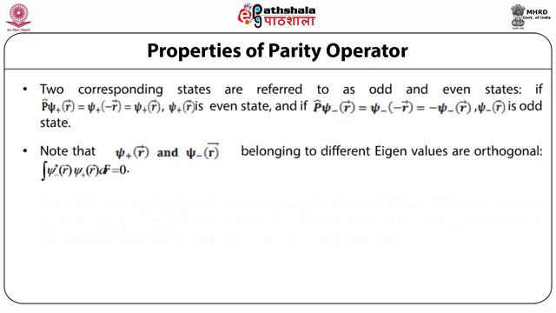That means that the integral over the entire space, integral over the vector dr times the product of the complex conjugate of psi minus of r and psi plus of r, turns out to be 0.